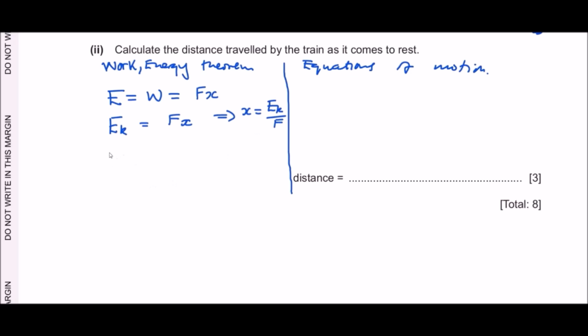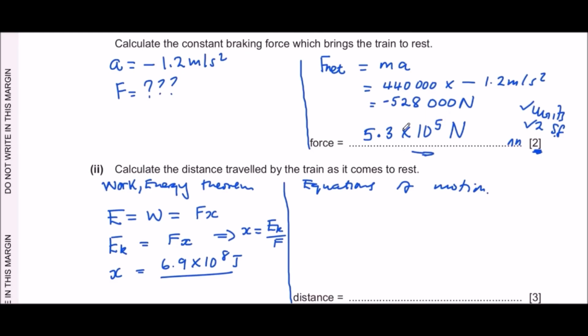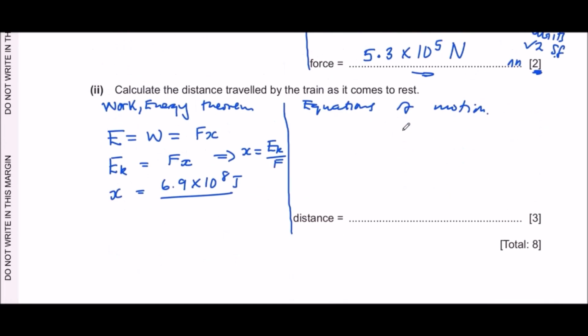With this, we can now safely do our substitution and say distance traveled is equal to 6.9 times 10 to the power 8 joules, the kinetic energy lost, divided by the force causing braking, which we just calculated, 5.3 times 10 to the power 5 newtons.